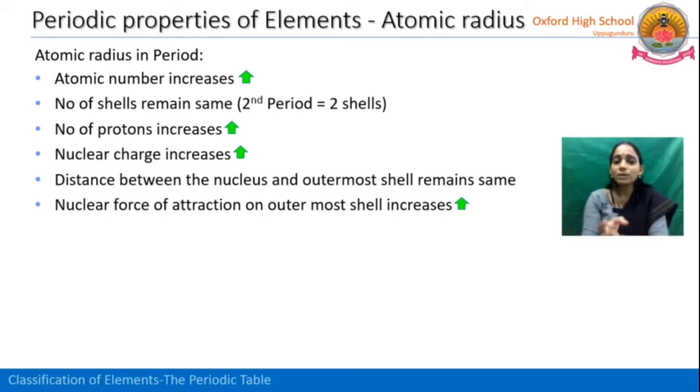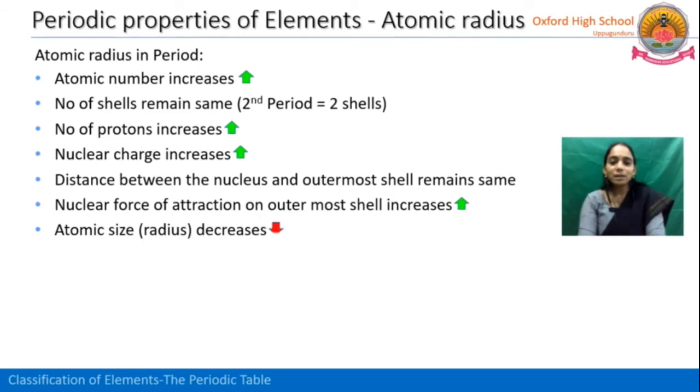So the nuclear force of attraction on the outer shell increases. The positive charge in the center of the nucleus increases gradually from lithium to neon, one proton being added at a time. The nucleus tends to attract the outermost shell towards it. As a result, the size of an atom decreases.